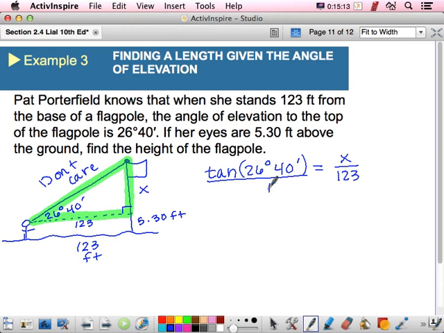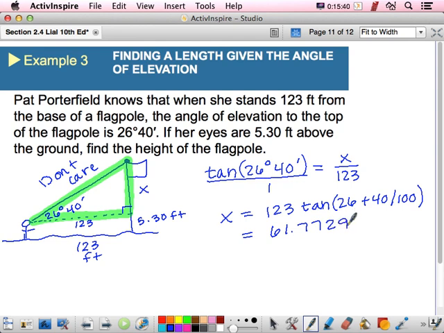That gives me 1x equals 123 times the tangent of 26 degrees and 40 minutes. Type that in, and we get 61.77292175.